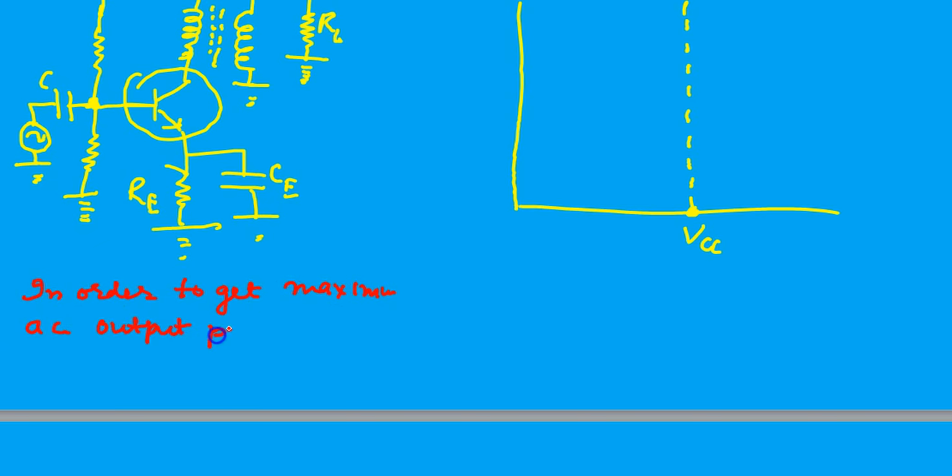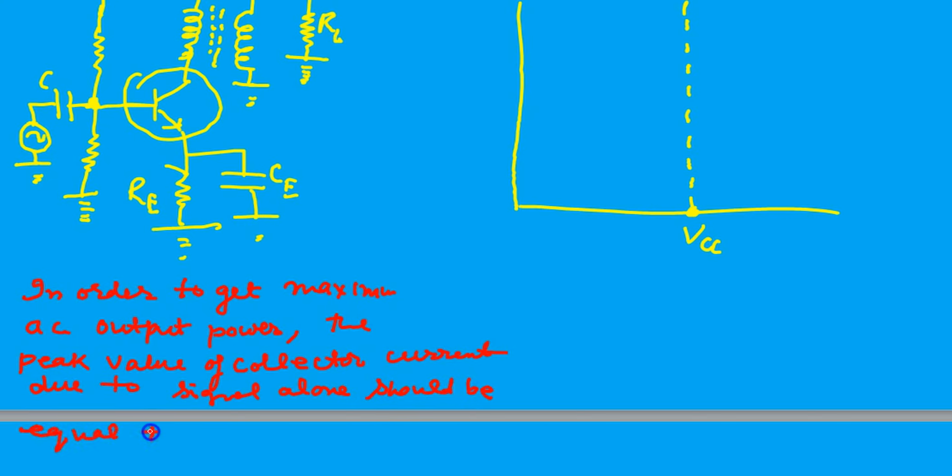Now in order to get the maximum AC output power, what is the requirement? It is that the peak value of the collector current due to signal alone should be equal to the zero signal collector current IC.